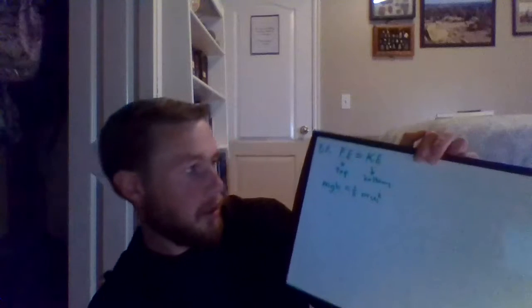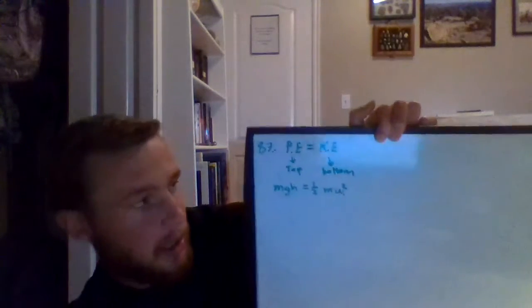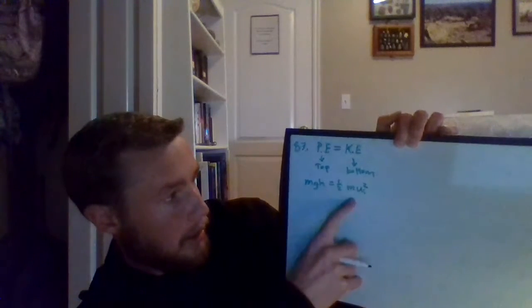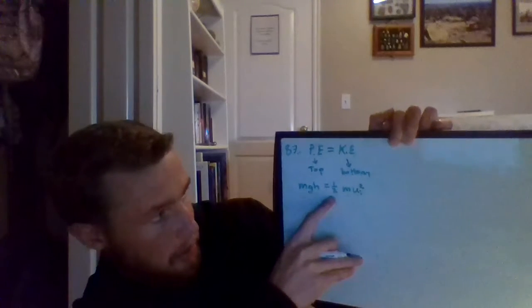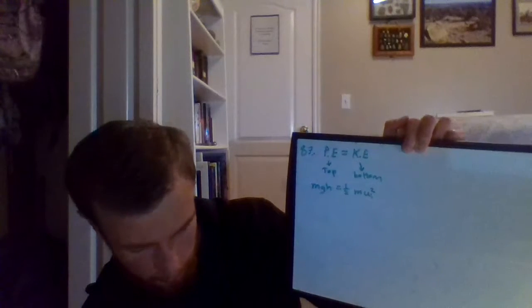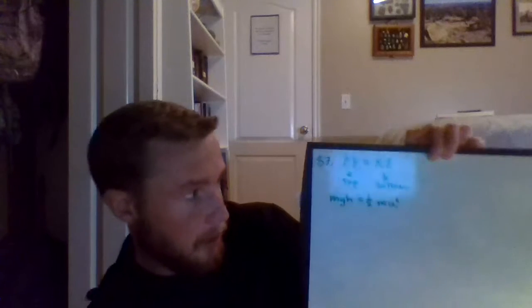So, according to the conservation of mechanical energy, the potential energy at the top of the chute equals the kinetic energy at the bottom. So we can rewrite this as the mass times gravity times the height equals 1/2 the mass times the initial velocity squared, which is what U stands for.